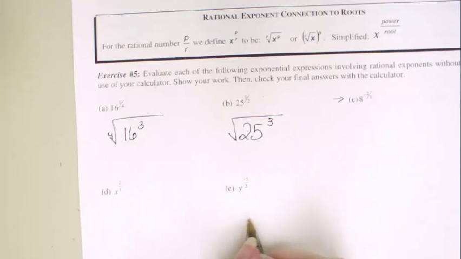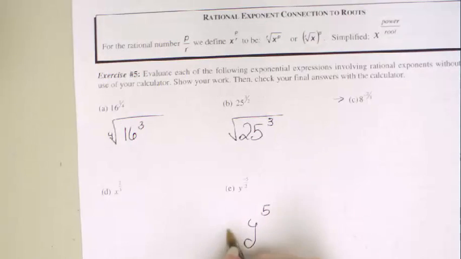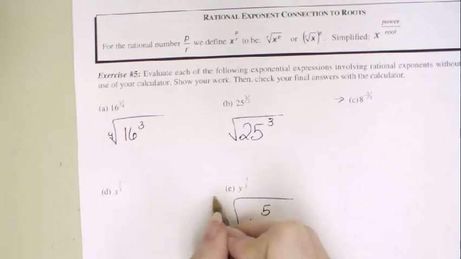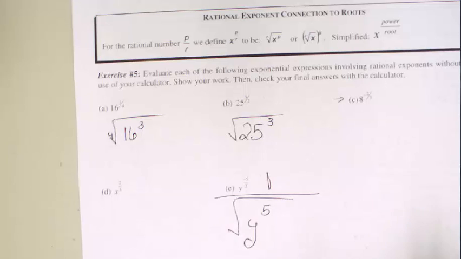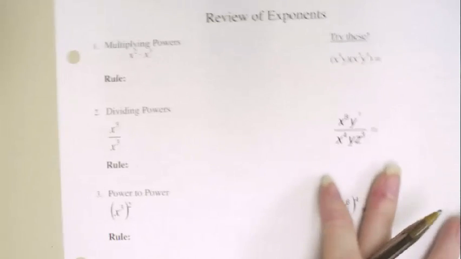So first, power of 5, root of 2, and because it's negative, it has to go in the denominator. So please try D. It's going to end up looking like that.